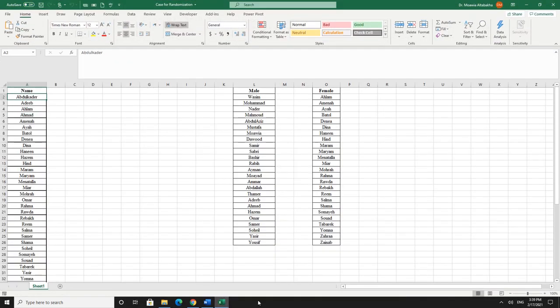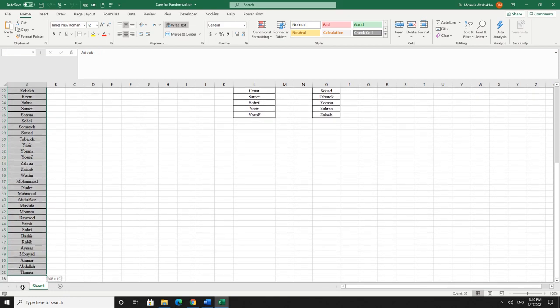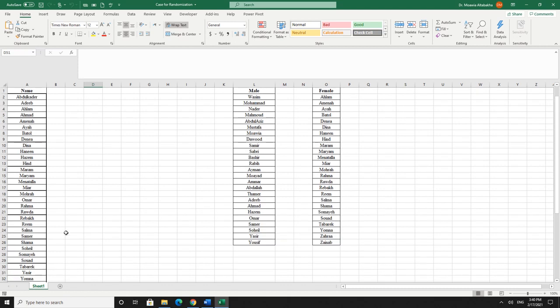Let me say I have the following subjects recruited. I have Abdul Qadir, Adeeb, Ahlam, Ahmad, Amna, Aya, Batool, Dina, Haneen. So I have subjects as you see them here. There are 52, so what I need is 26 in one group and 26 in another group.